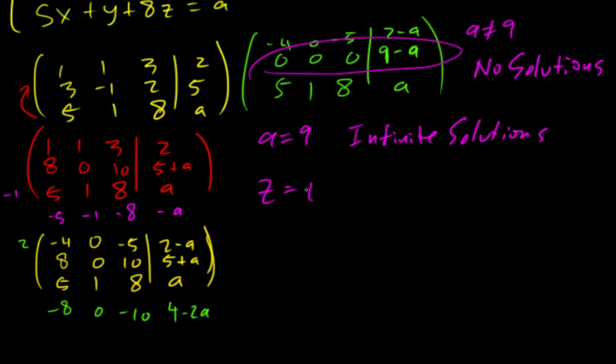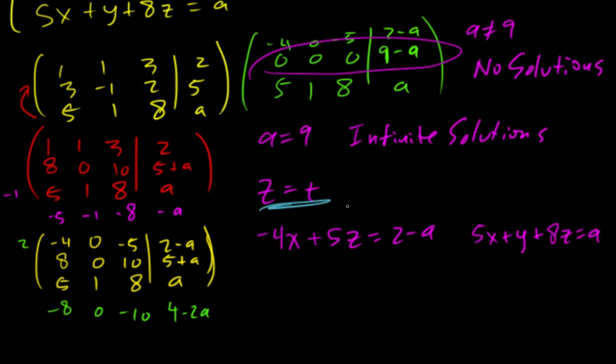We're going to say z is equal to t. And then if we look at the top row, we're going to get -4x plus 5z equals 2 minus A. And if we look at the bottom row, it's 5x plus y plus 8z equals A. But if we use this, we can just plug that in. -4x plus 5t equals 2 minus A. A in this case, though, is 9, so I should plug that in, actually.